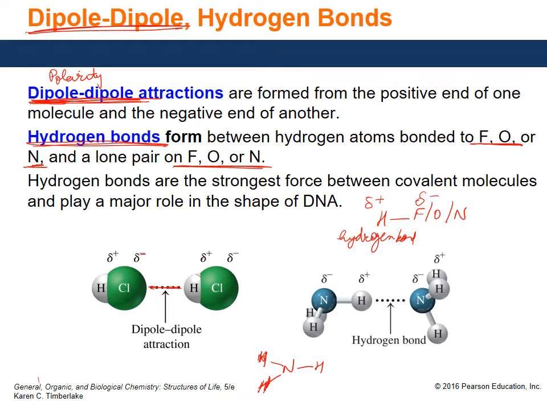Okay, let me rewrite this. So this is nitrogen, this is hydrogen, and hydrogen. So what would happen here? This nitrogen will basically consist of a lone pair, and because nitrogen is so electronegative, it will be negatively charged, and hydrogen will be partial positive charge.